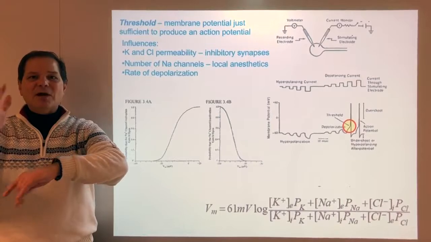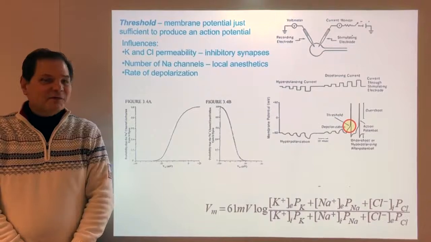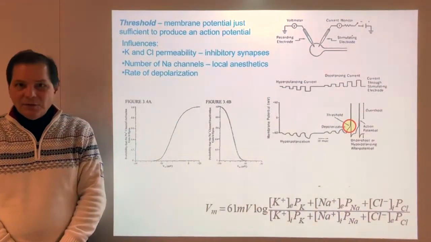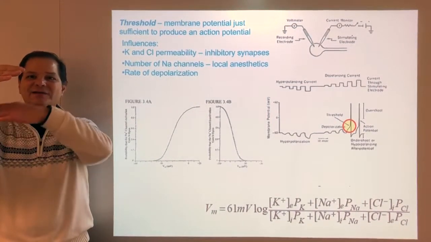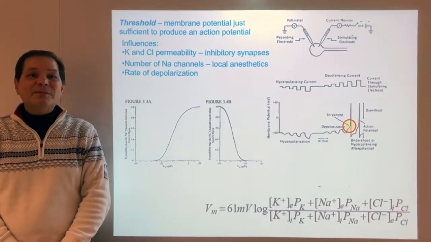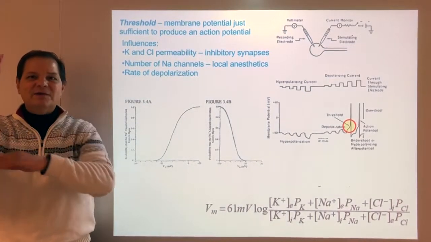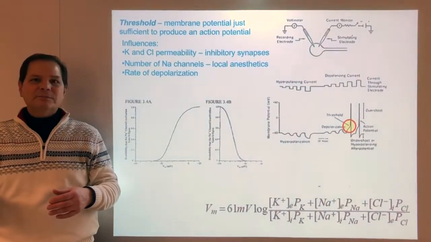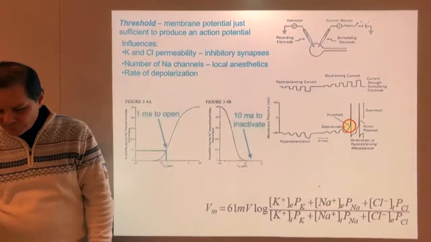So the faster you depolarize, the bigger that period of time is before those inactivation gates begin to close. And so if you go fast, you'll open more sodium channels. If you go slow, then yeah, you'll gradually open activation gates, but you'll give those inactivation gates plenty of time to keep up, and so you won't open that many channels because there'll be too many of those channels with open activation gates that have closed inactivation gates. So the key is to get a bunch of open inactivation gates as quickly as possible, okay? And the way to do that is increase the membrane voltage as quickly as possible.